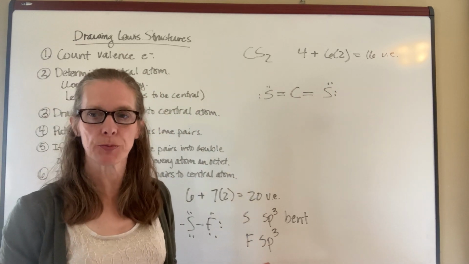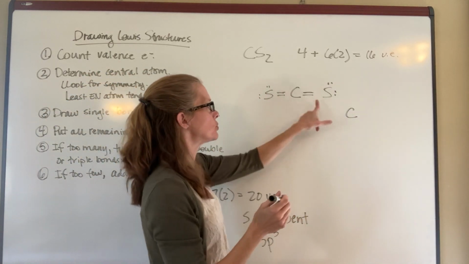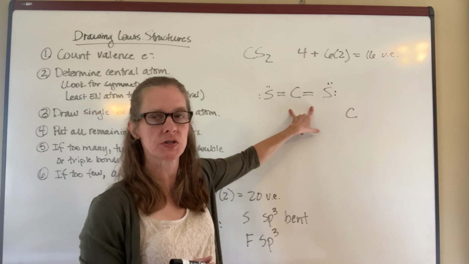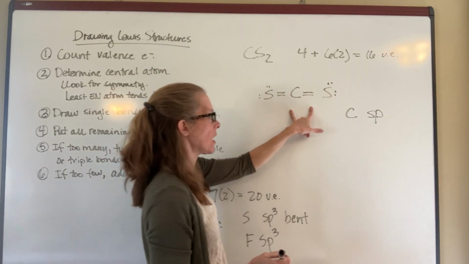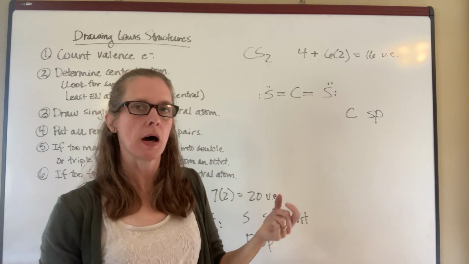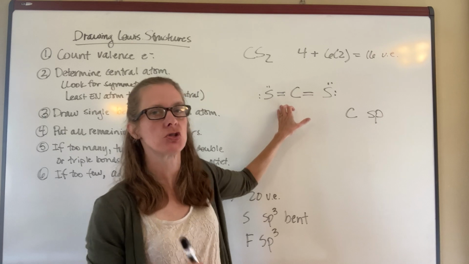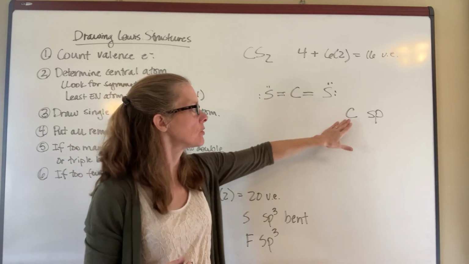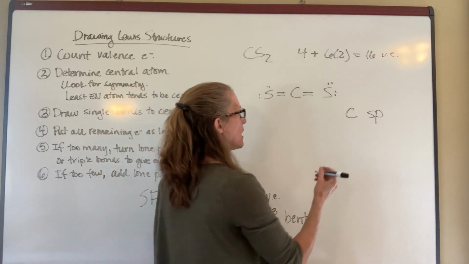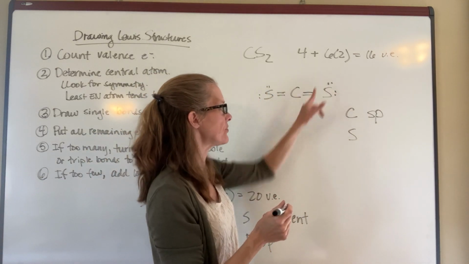So now let's look at the hybridization. The carbon, I only have 2 things around it. I've got 2 double bonds, and so therefore, that means that it's going to be sp hybridized because it's got to use one set of its p orbitals for this pi bond, and it has to use the other set of its p orbitals for this pi bond over here. Okay, so the carbon is sp hybridized, and both of the sulfurs have 1, 2, 3 things around them.